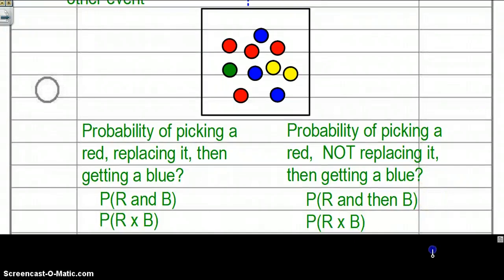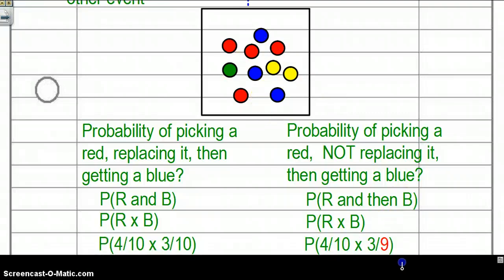So we still say red times blue, but what happens here is there's still 4 out of 10 reds, but if I took a red and I do not replace it, yes, there's still 3 blues, but now there's 1 less total. So let me say that again. First we pick the red, there's 4 out of 10. Let's pretend I picked that red.